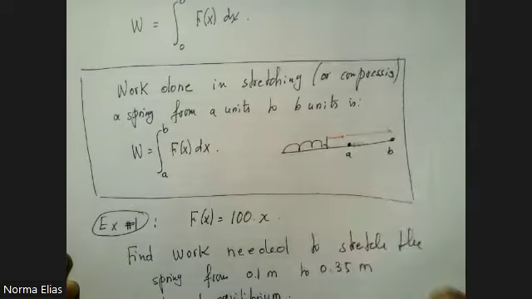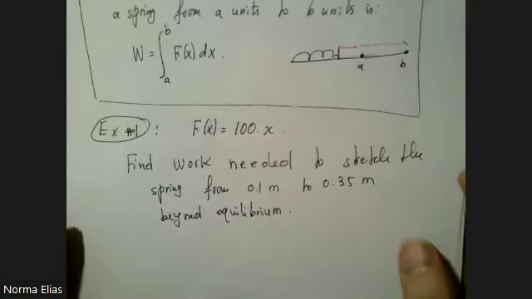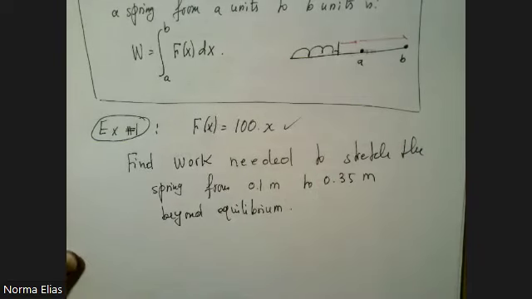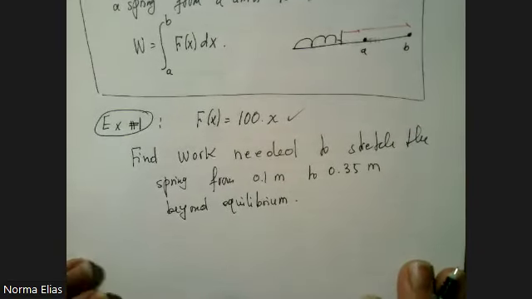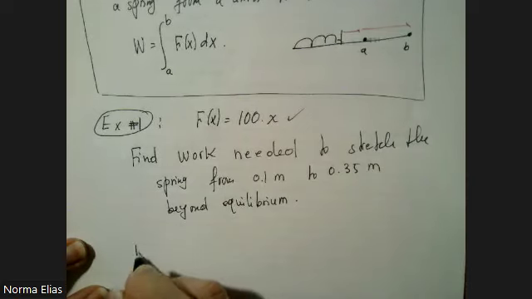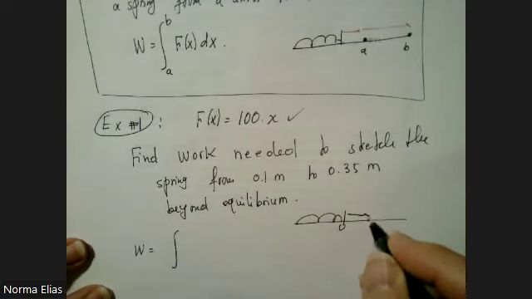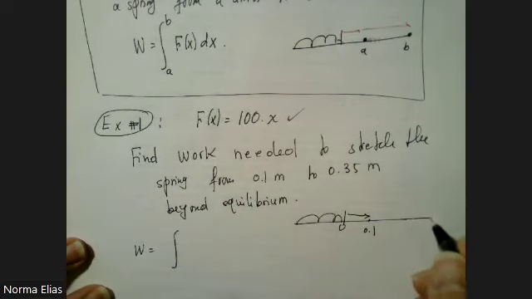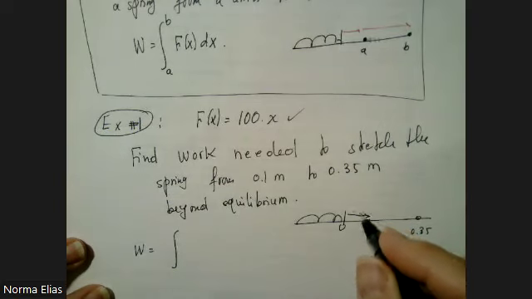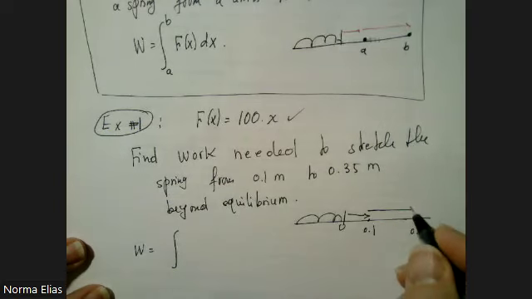Okay, so it's a situation where I gave you everything. There is nothing more needed because we've already figured out 100x in the previous example. So the work is fairly simple. The integral from, so I'm going to stretch it. That's my equilibrium. I'm going to stretch it from 0.1 all the way to 0.35, from here all the way to here.